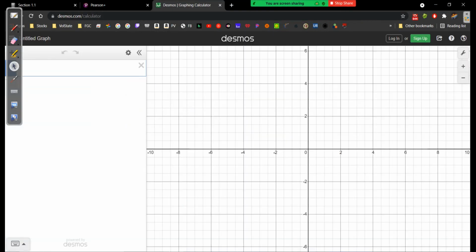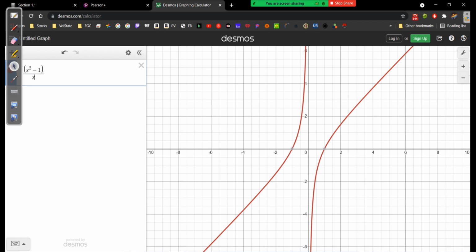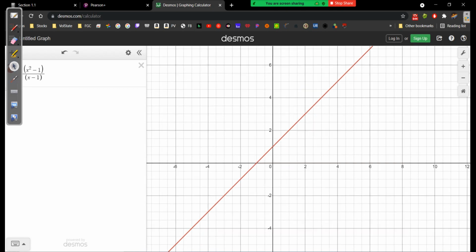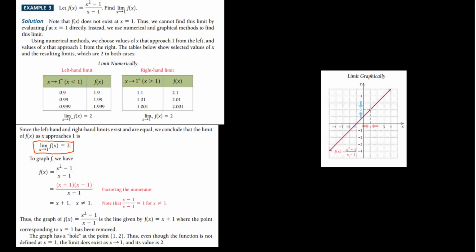It was x squared minus 1 divided by x minus 1. Cool, so this is what the function looks like, which is fine and dandy. But in our example, we wanted to find what happens as we approach 1.